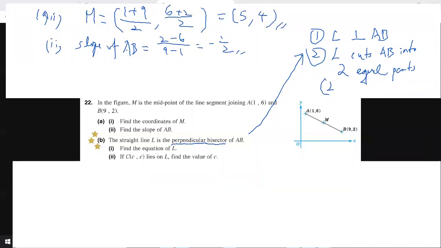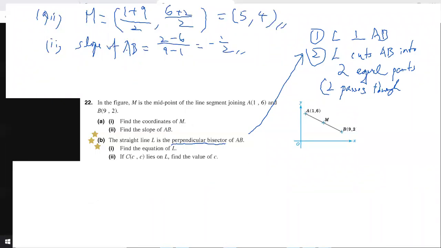Or sometimes, or more directly, L passes through the midpoint of AB.